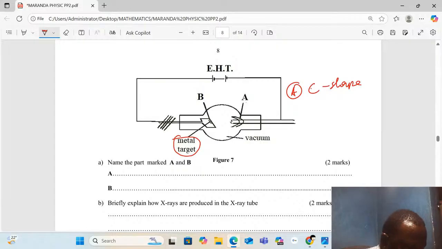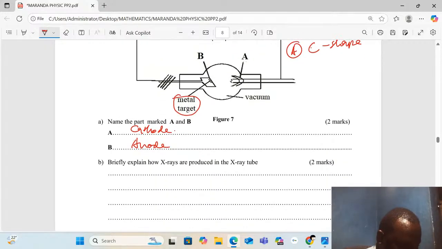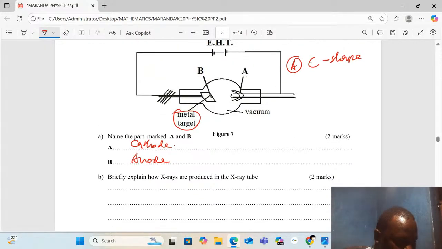So we can start with B because we have a clue. This is where we have the metal target, which stops the beam of electrons. So B becomes the anode, whereas A is the cathode. Now, briefly explain how X-rays are produced.